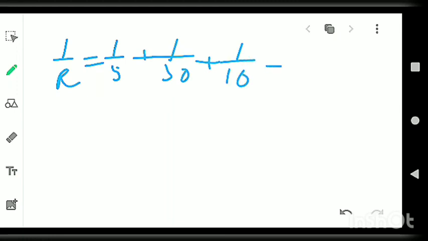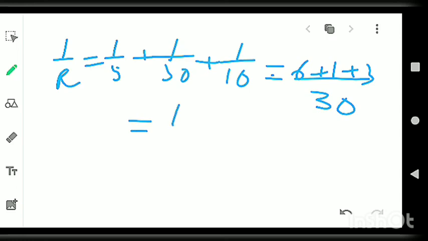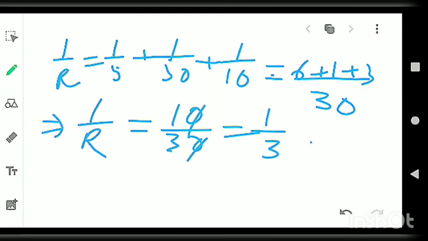Perform the LCM. So it's 10 by 30. That means it's equal to 1 by 3. So 1 by R is equal to 1 by 3. So the net resistance is 3 ohms.